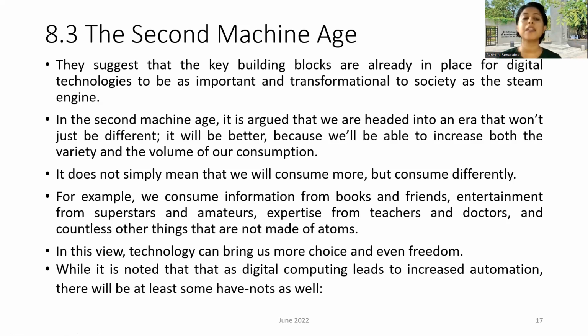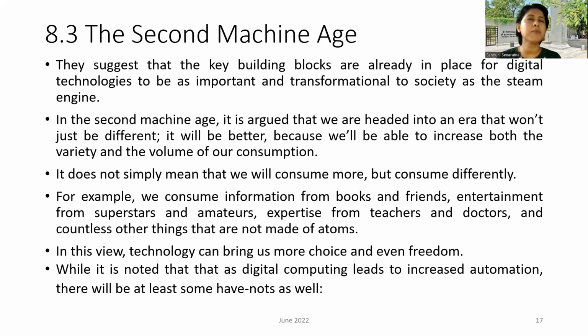That means the different types in which we consume a product or service, but also we will be able to increase the volume or the amount of our consumption, right? It does not simply mean that we will consume more, but consume differently.